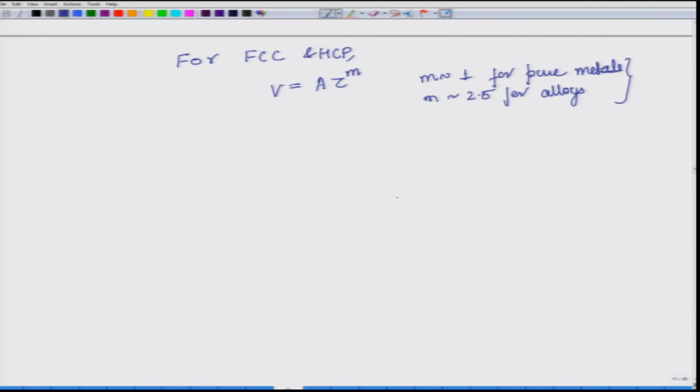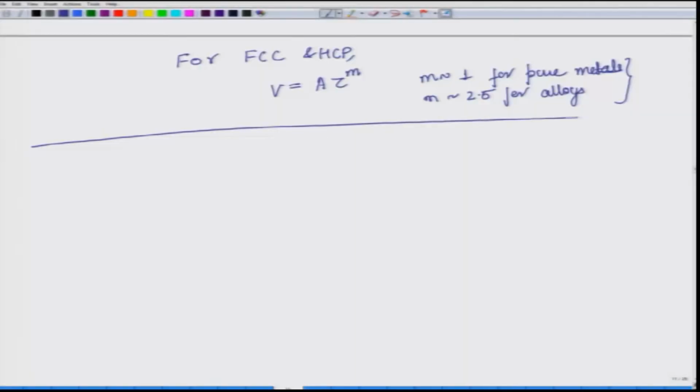Okay, so now we have looked at various aspects of dislocation, but one particular aspect of dislocation that we have not yet touched, which we just briefly talked about in the very beginning, is observation of dislocations.